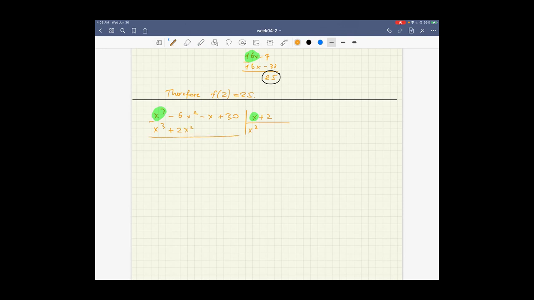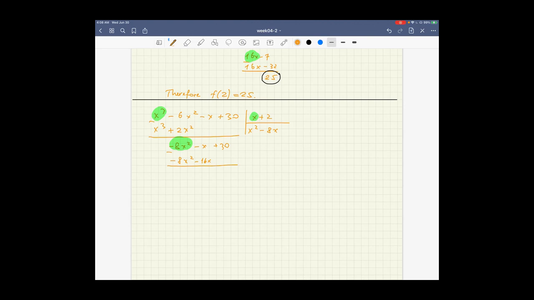The difference is negative 8x squared minus x plus 30. The leading term is negative 8x squared. The ratio of the leading terms is negative 8x. Multiplying back, we get negative 8x squared, negative 16x.